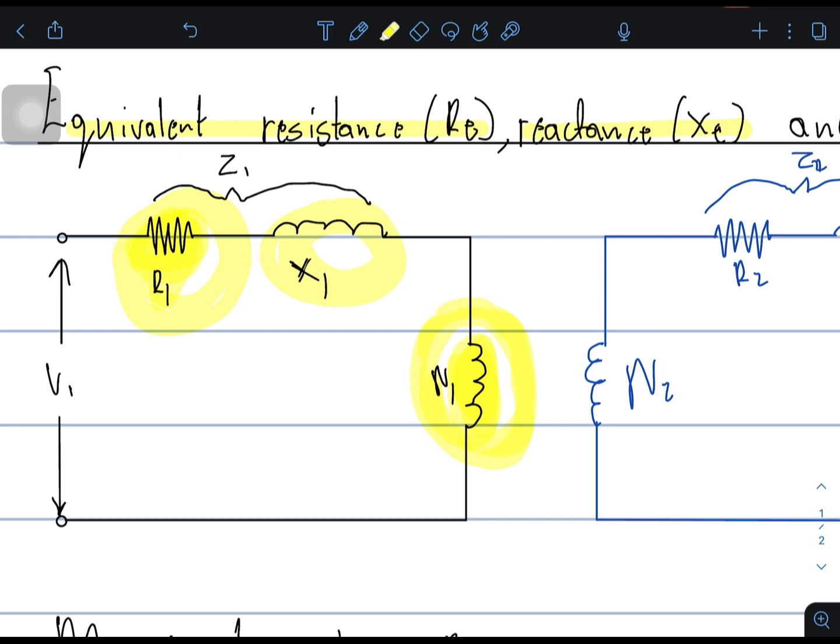Why does the winding also have a resistance?